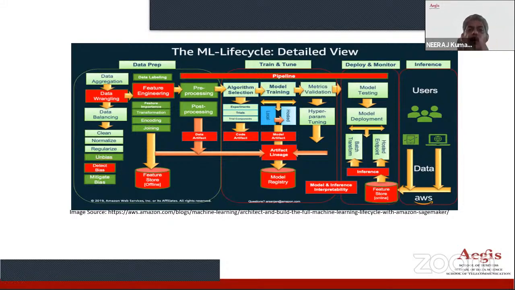This is where a platform like SageMaker comes into the picture, which gives you a fully managed kind of environment where you should not bother about all your other steps, like how you will bring the data, right? That is not your botheration. You have to just define a few pipelines and it will bring the data within your SageMaker environment, right? You should not bother about your servers or anything, right?